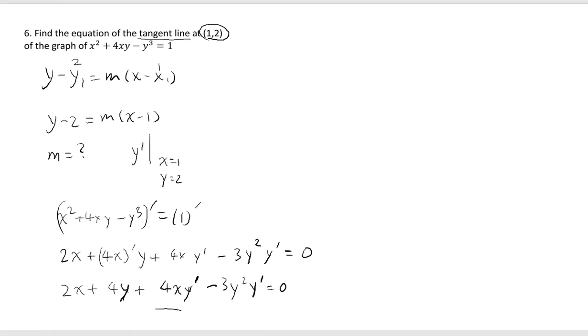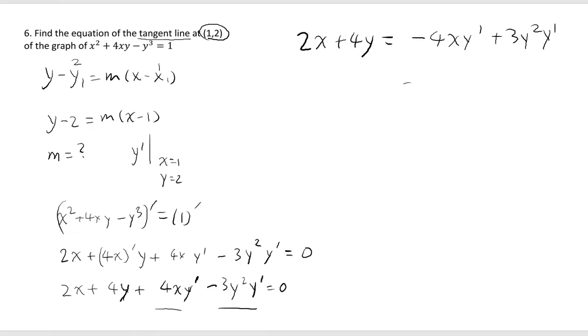And I see that these two have y primes, whereas these other ones don't have y primes. So let's move these two to the other side. 2x plus 4y stays, whereas 4xy prime became negative 4xy prime, and negative 3y squared y prime became plus 3y squared y prime.